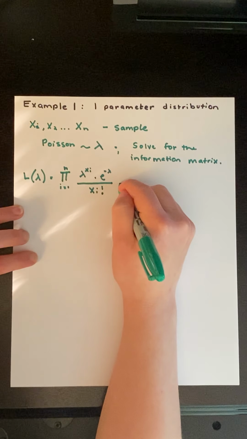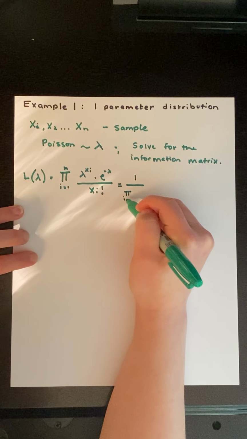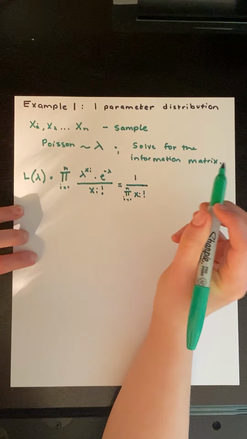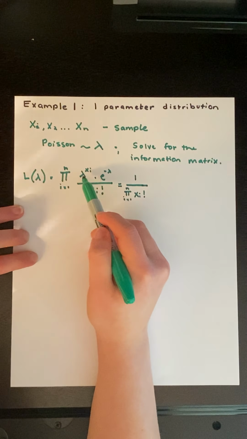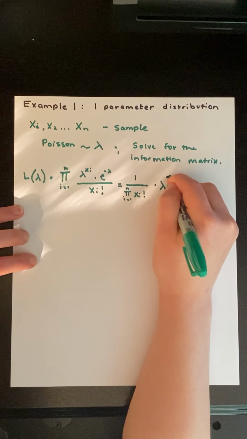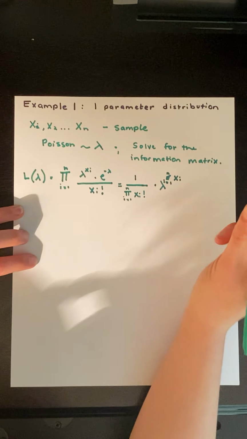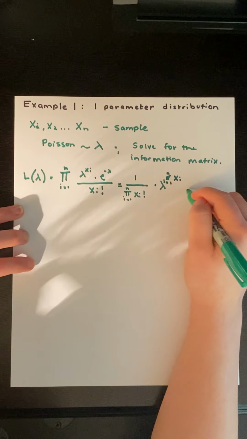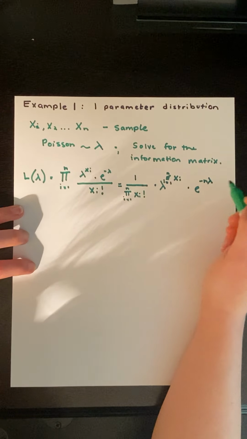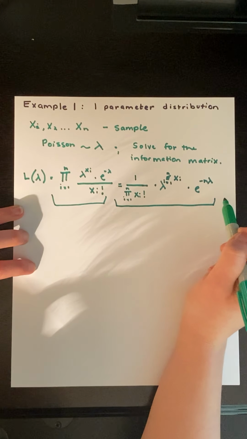The denominator is equal to 1 over the multiplication from i equals 1 to n of xi factorial. Then lambda to the xi becomes lambda to the sum of i equals 1 to n of xi. And e to the negative lambda has no xi's in it, so we multiply the whole thing by e to the negative n lambda. So we have broken up this function into something a little more manageable.